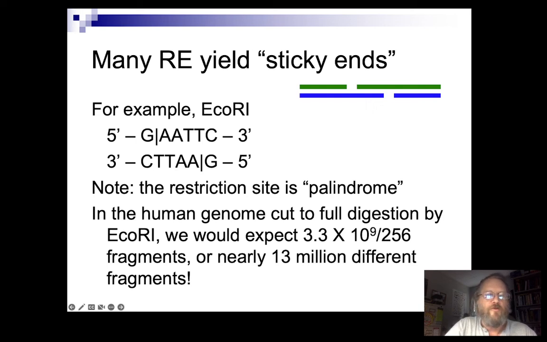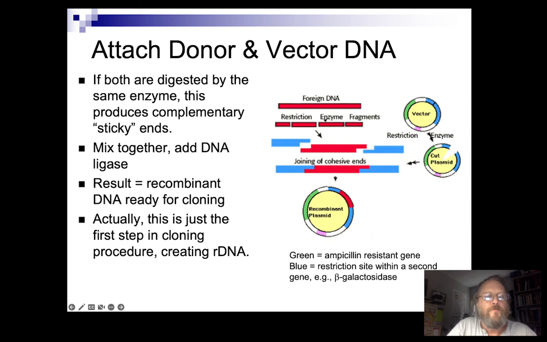Okay? So what you would do is with your donor DNA, you'd use the same restriction enzyme as with the vector DNA, and then when you add the donor DNA plus the vector DNA, the idea is that these different DNA sources have complementary overhangs that'll allow them to stick together. Pretty cool. All right. So if you digest both, then you're going to have some complementary ends.